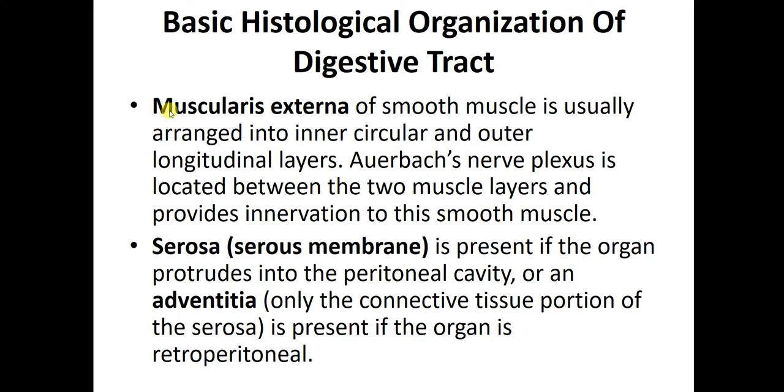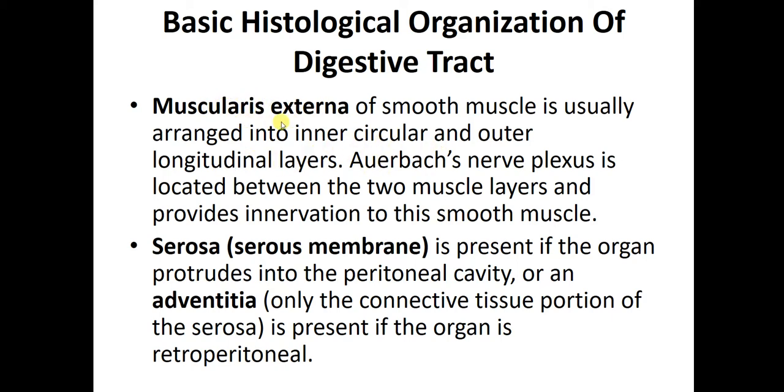Muscularis externa is a muscular layer, usually composed of 2 layers. It has circular and longitudinal layers, but in some positions it has an oblique layer, for example in the stomach. We will discuss that later. But predominantly it's an inner circular and outer longitudinal layer.